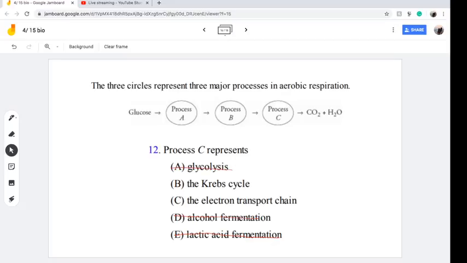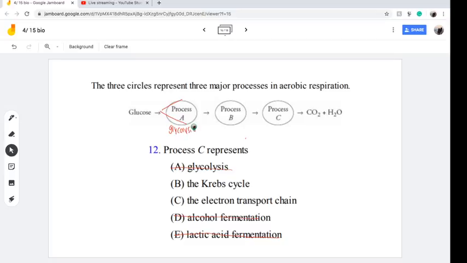Then what should process B be in order to find out process C? Well, it would be the citric acid cycle, also known as the Krebs cycle, because it takes pyruvic acid that is formed in process A, which is glycolysis.